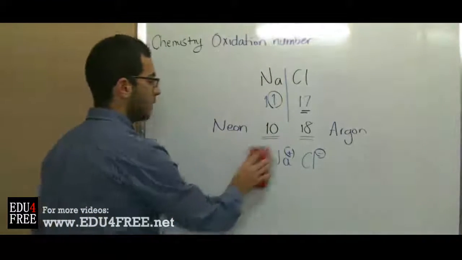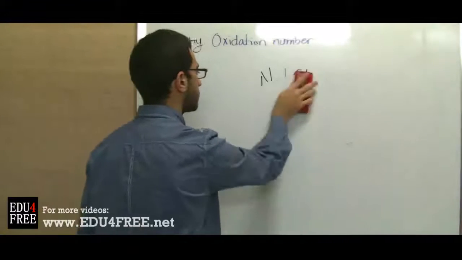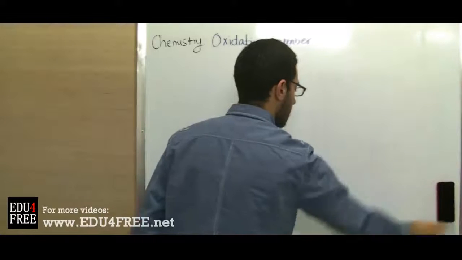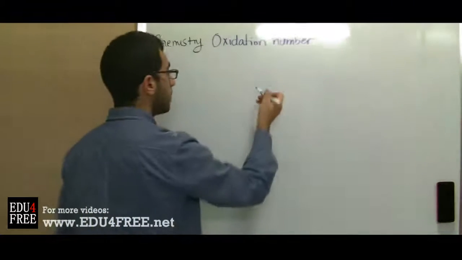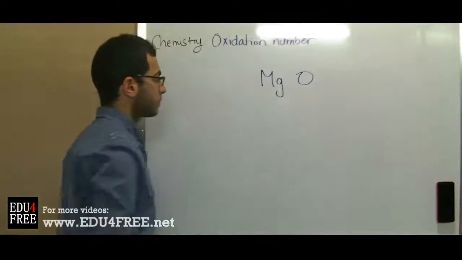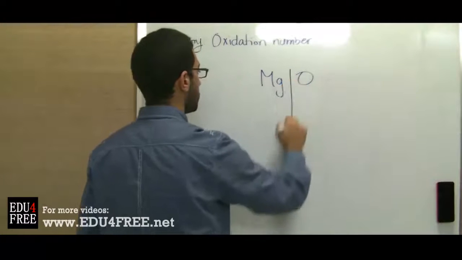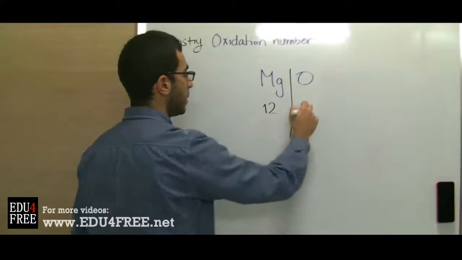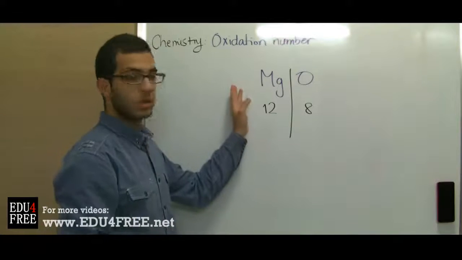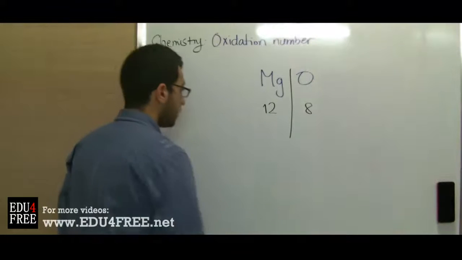But in another example, as in magnesium oxide, the natural electronic configuration of magnesium is 12 and oxygen is 8. Now, the nearest inert gas to magnesium and oxygen is neon.